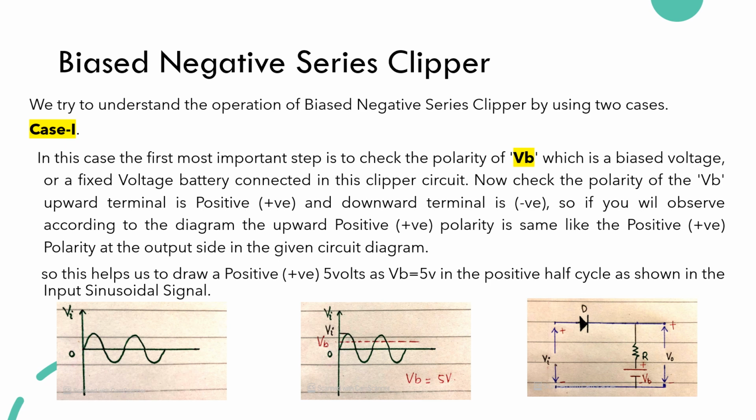The first and basic thing is where we mark VB in the sinusoidal signal. In the biased negative series clipper we mark VB equal to 5 volts in the positive half cycle, because the upward polarity is positive in this case.